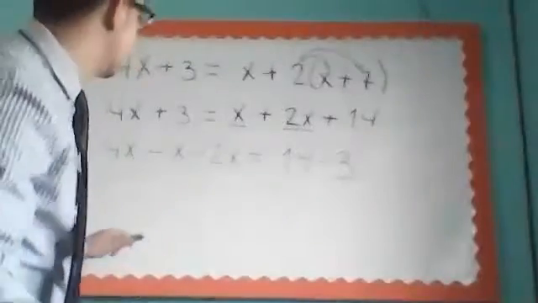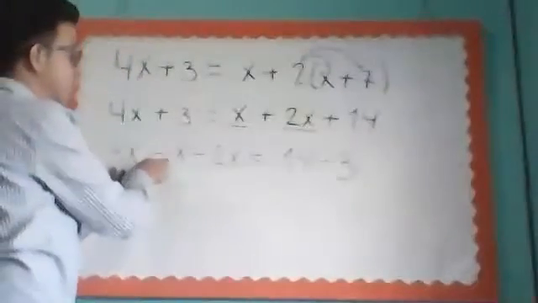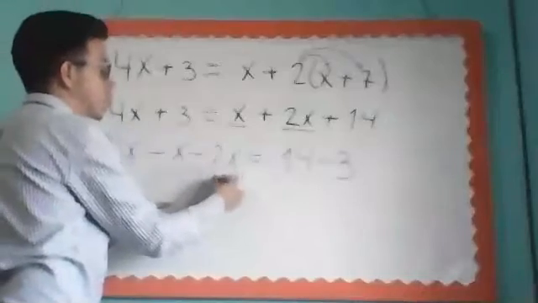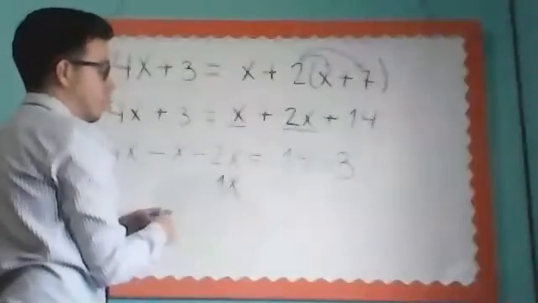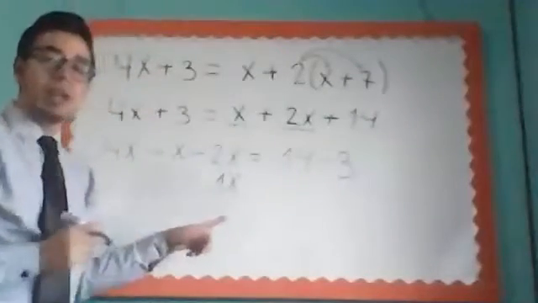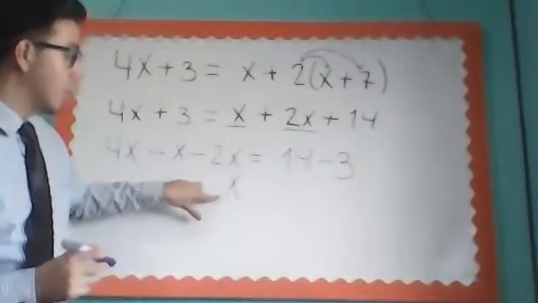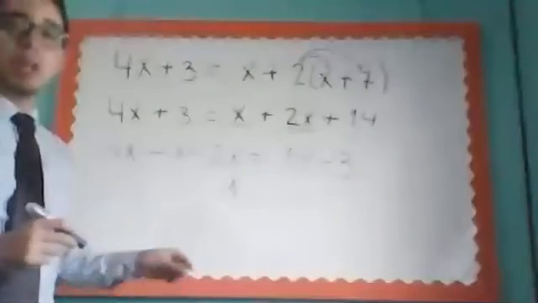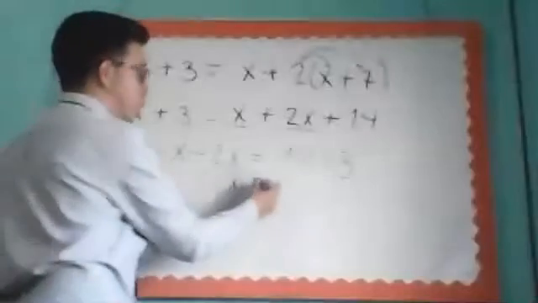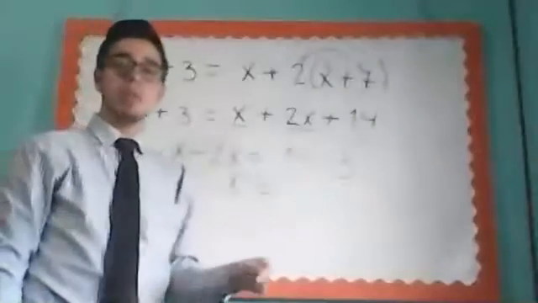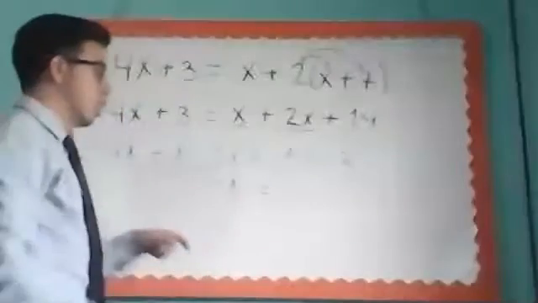I'm only subtracting the numbers. 4 minus 1 is 3, minus 2 is 1. And copy the variable, 1x. But when you have 1, you don't need to write it. If you only copy the variable like this, it is 1x. You don't have to write the 1. Equal 14 minus 3. 14 minus 3 is equal to 11.